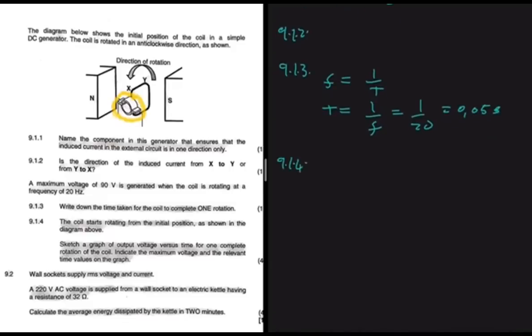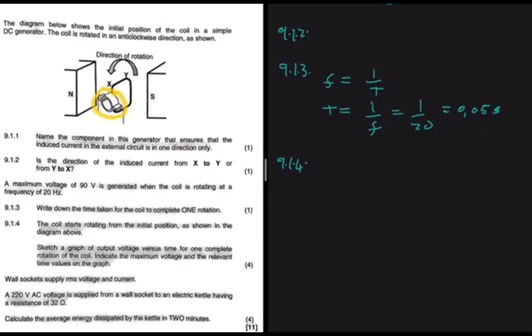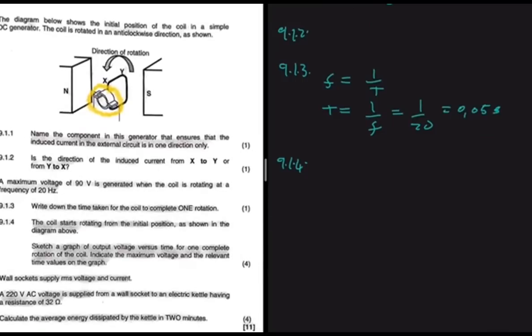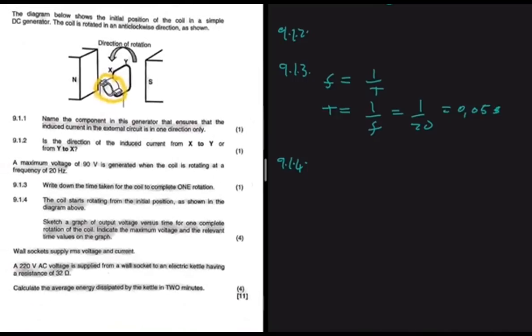Let's move to the next question, 9.1.4. It says that the coil starts rotating from the initial position as shown in the diagram above. Sketch a graph of output voltage versus time for one complete rotation of the coil. Indicate the maximum voltage and the relevant time values on the graph.